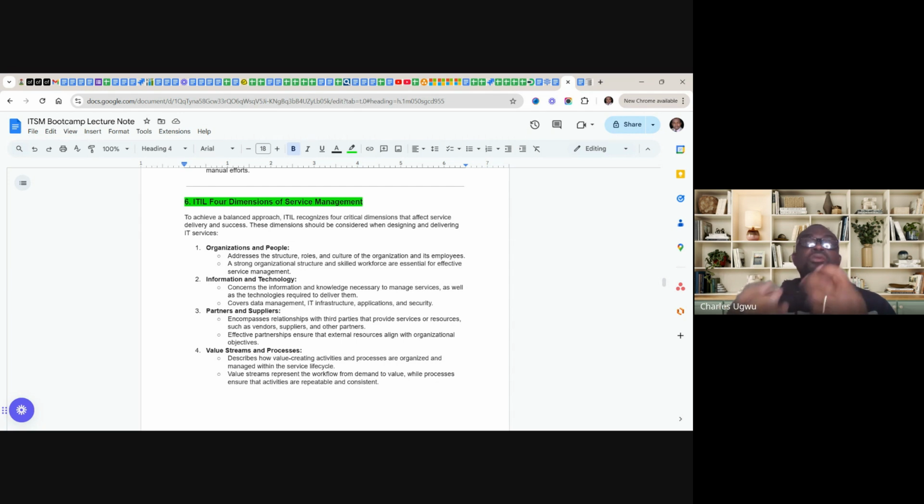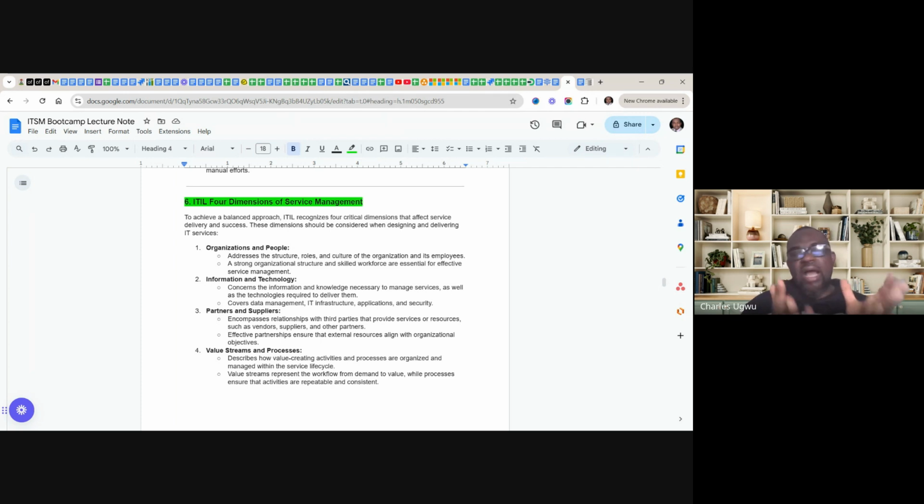We must look for a quality, experienced workforce that understands the organizational structure, organizational goals, objectives, and vision. Once we understand what the organization wants, we should know the kind of technology we are going to look for the organization.